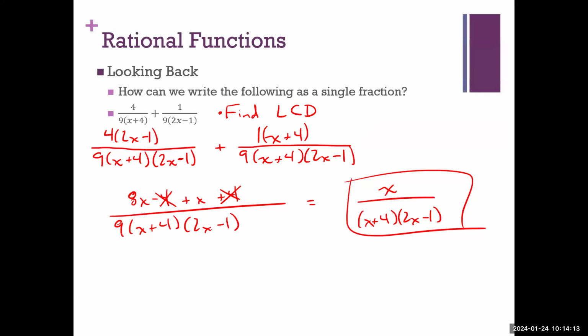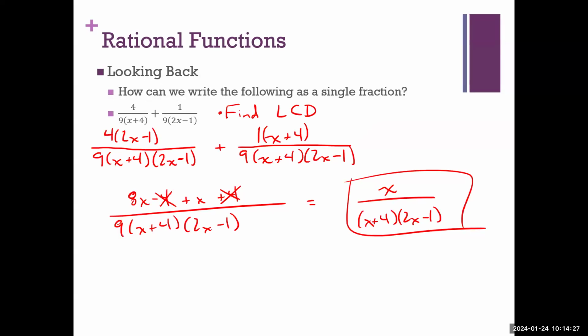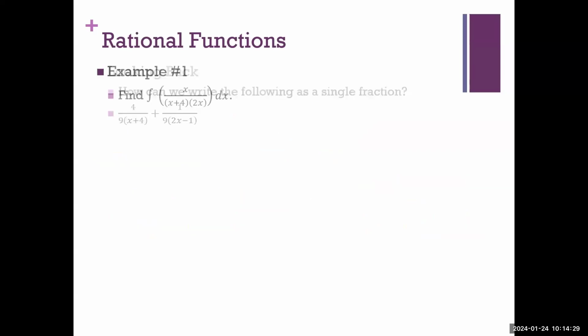So basically, I give you multiple fractions and you combine them into one. What we're building up to now is how to reverse that process. What if I give you something that is complicated and condensed into only one fraction?